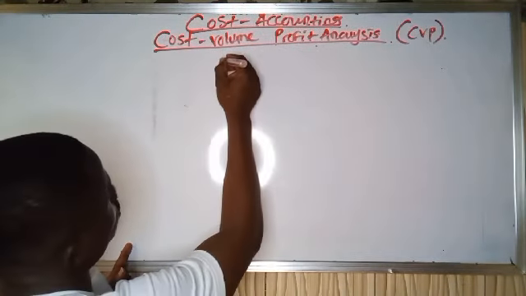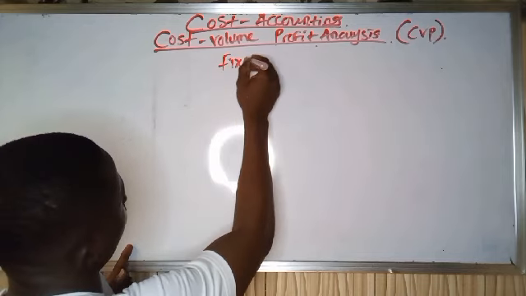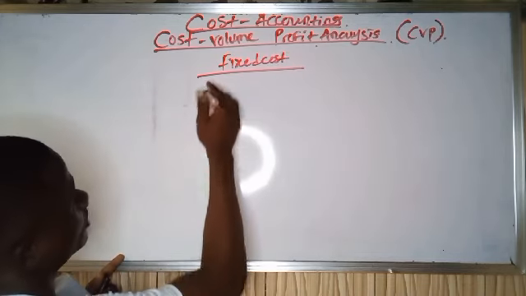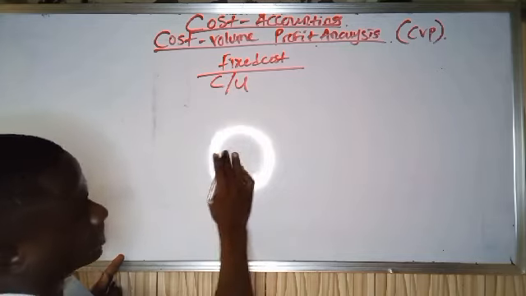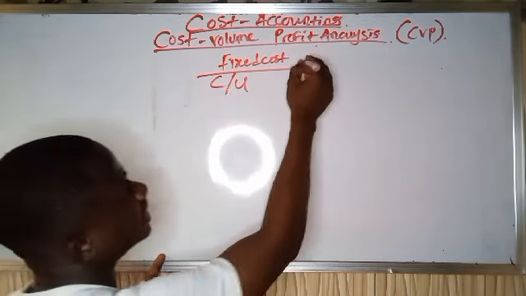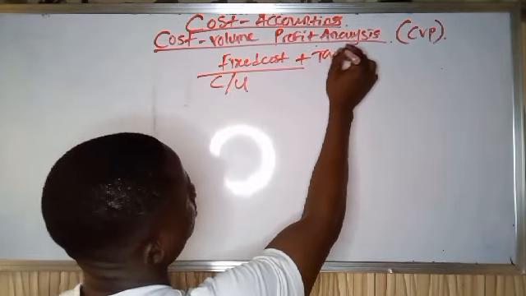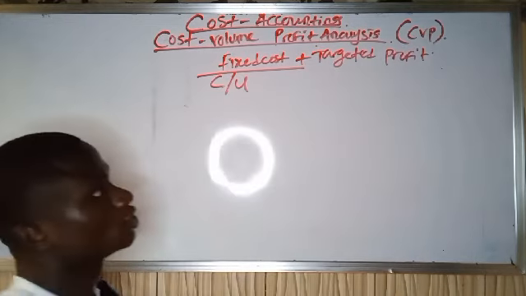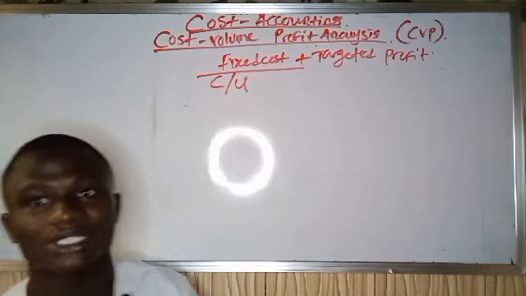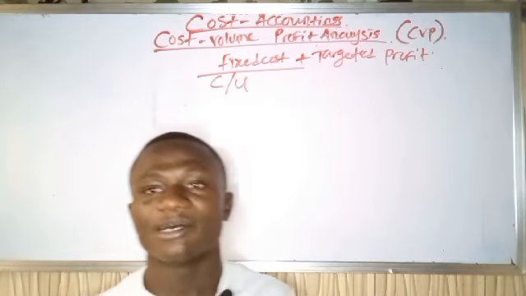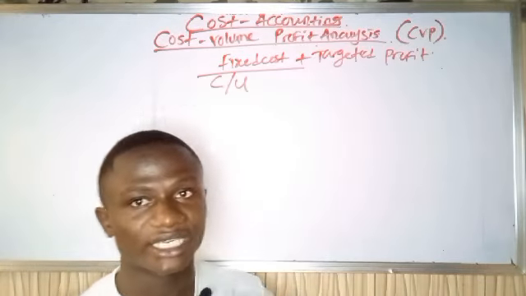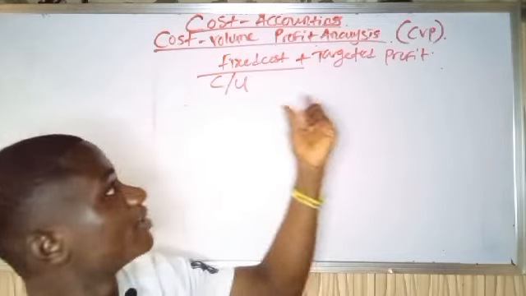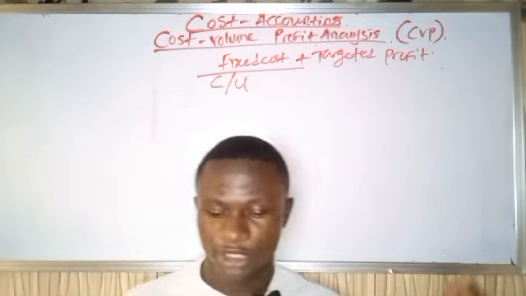So which is your total fixed cost divided by contribution per unit. But not just your fixed cost, you will add your targeted profit to it. So you will increase your fixed cost by your targeted profit. It will give you the quantity that you will sell to make a targeted profit. So your fixed cost plus your targeted profit divided by contribution per unit.